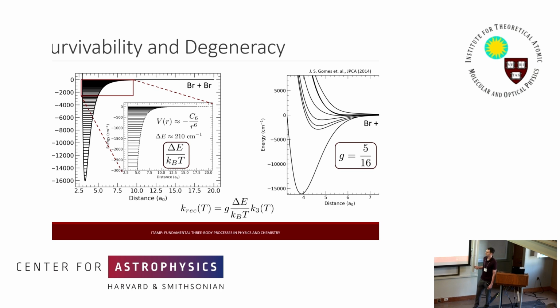So we consider only the attractive states in our system, and so we attach this G and this survivability factor and multiply it by our temperature-dependent rate, which is obtained in the same way that we calculated for sulfur. And then we get this recombination rate constant.